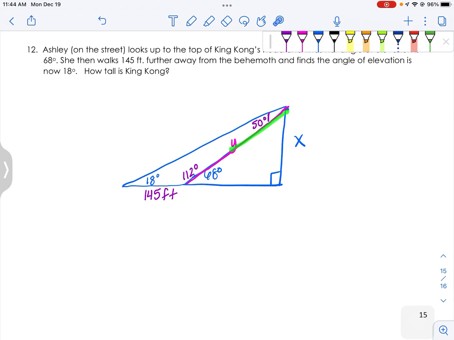Once you have the y value from the smaller triangle, you can use basic trig, because you have a right triangle with an angle and you have the opposite and the hypotenuse, so you could use the sine value. You have to use law of sines because you don't have two side lengths. So use law of sines, and then use sine of 68, opposite over hypotenuse, to solve for the height.